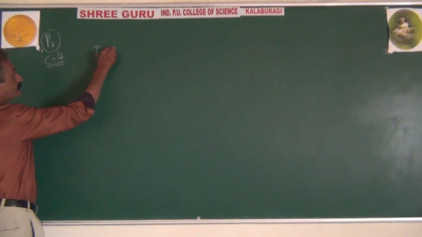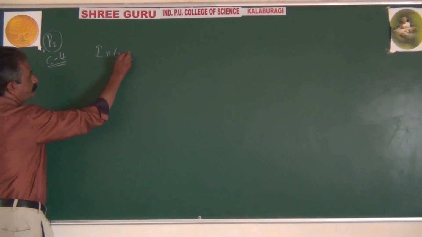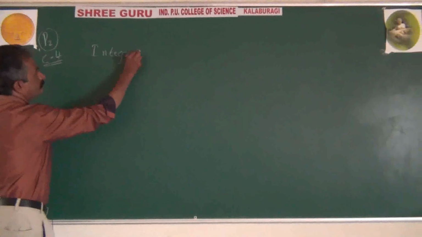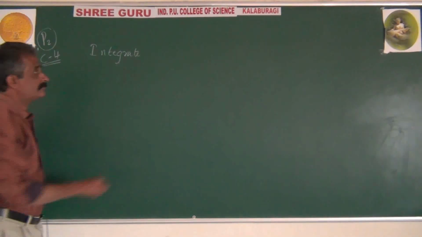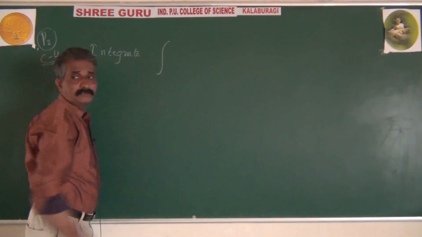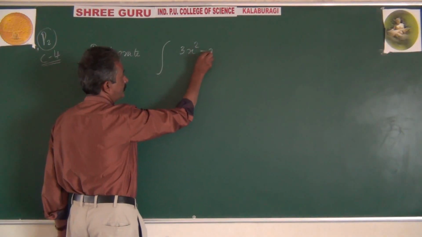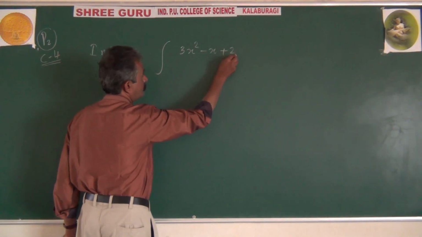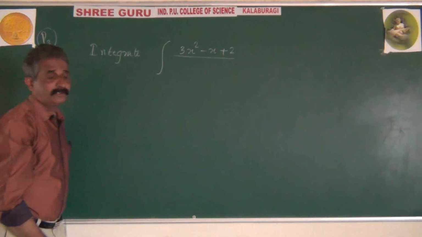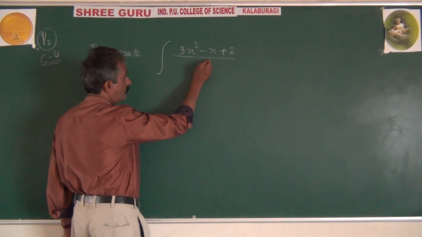Integrate (3x square minus x plus 2) divided by x to the power of 4.